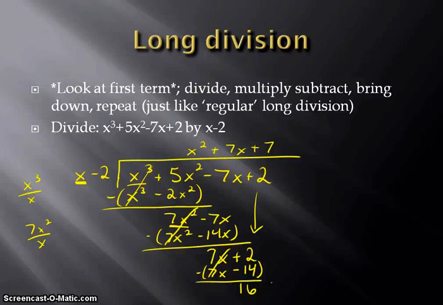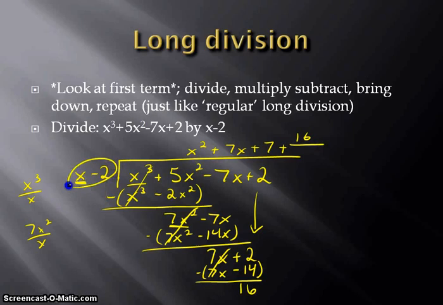So whereas you might have at some point in your life done R16, we're going to do plus 16 over, well, whatever we divided by, x minus 2. So that is our remainder. And this is our solution.